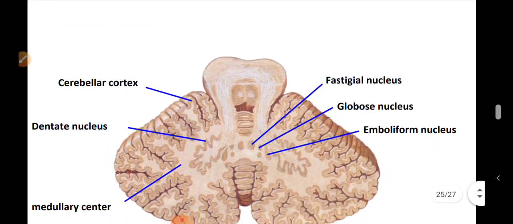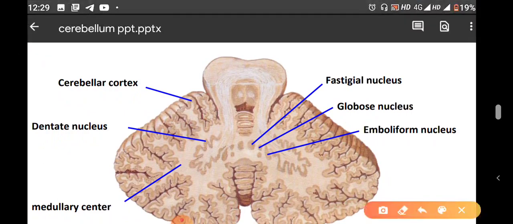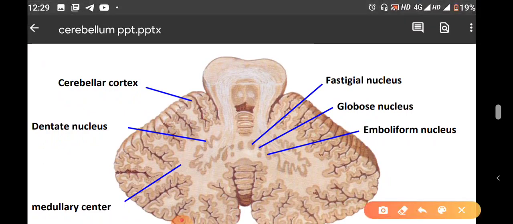So, in the diagram you can see the dentate nucleus and its shape. Then there is the fastigial nucleus, which is the medial one.